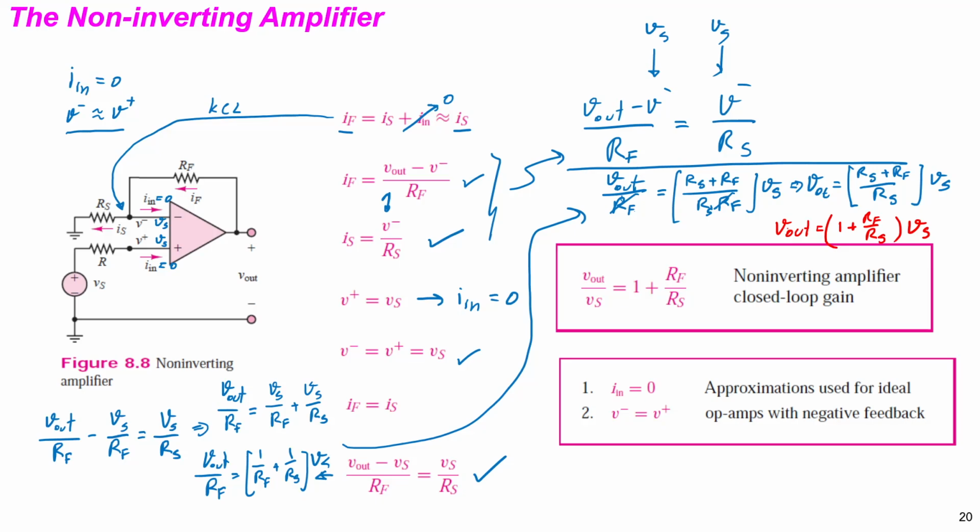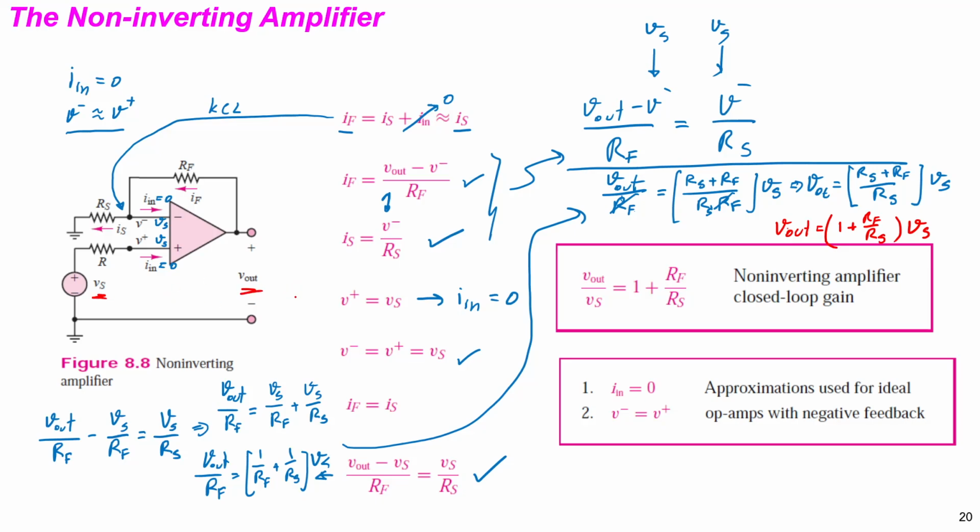So for the non-inverting amp, the gain is 1 plus RF by RS. But the connection is different; we need to connect the reference to the inverting pin.